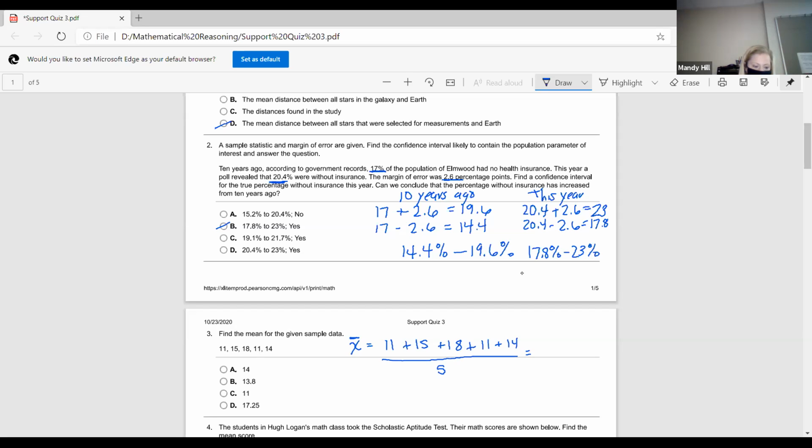I always just find the answer to the top. I don't try to type this all in my calculator at once because it makes me make mistakes. So I find the answer to the top, and then I divide them.